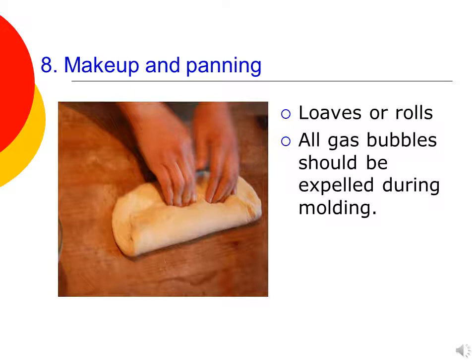The dough is shaped into loaves or rolls and then placed in pans or on baking sheets. Proper makeup and molding is of critical importance to the finished baked product. All gas bubbles should be expelled during molding. Bubbles left in the dough will result in large air holes in the baked product.